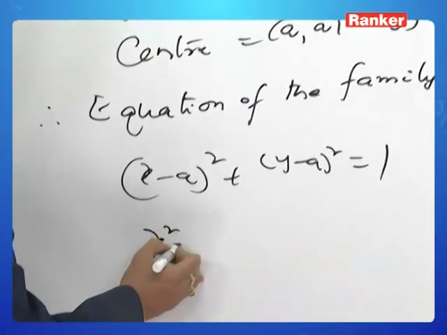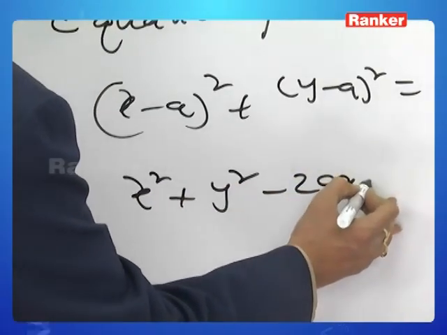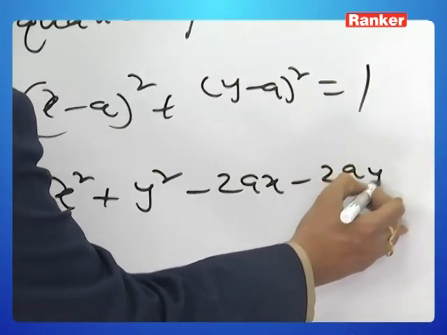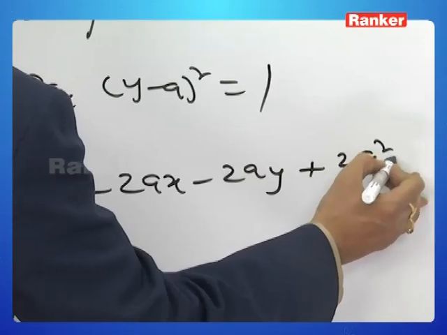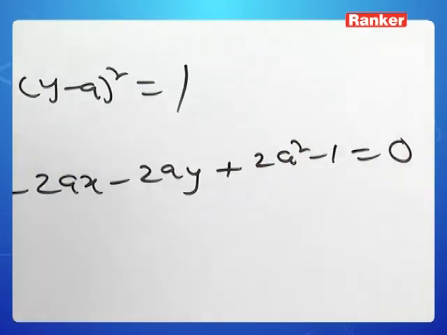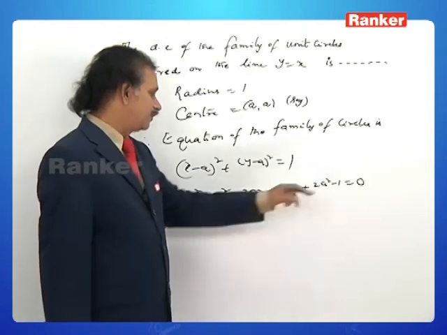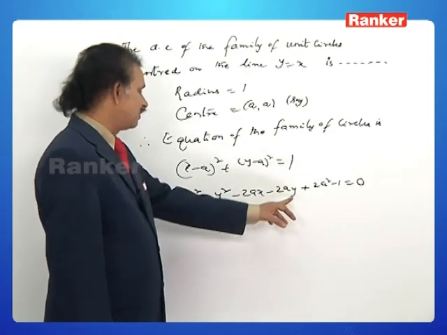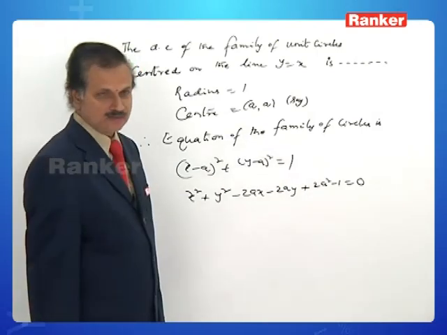x square plus y square minus 2ax minus 2ay plus 2a square minus 1 is equal to 0. x square minus 2ax plus a square, y square minus 2ay plus a square, I could have expanded this.